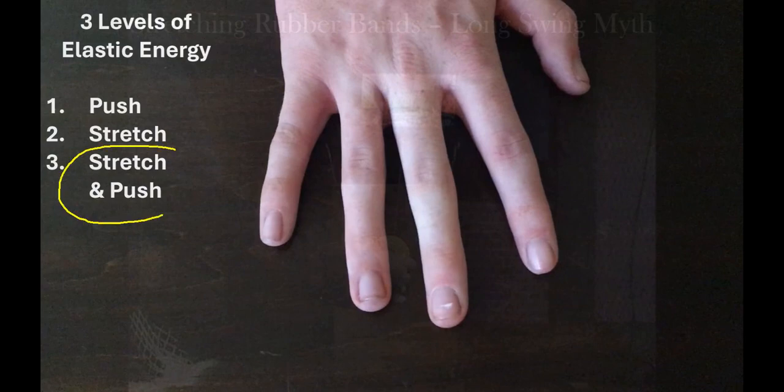Now there's a third one, and that is at the moment that you stretch this middle finger, if you also apply force at the end of it. So in other words, this one's just stretched and released. If you stretch and then apply energy where you're pushing at the last minute, last second, you're creating even another little bit level of speed.